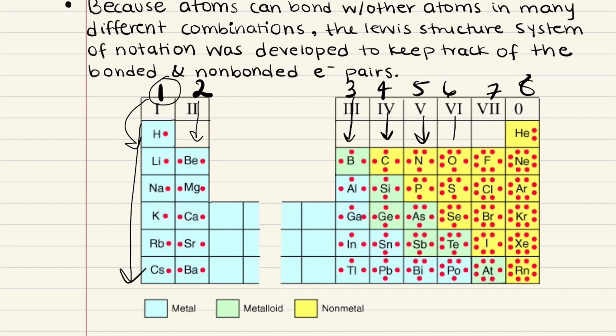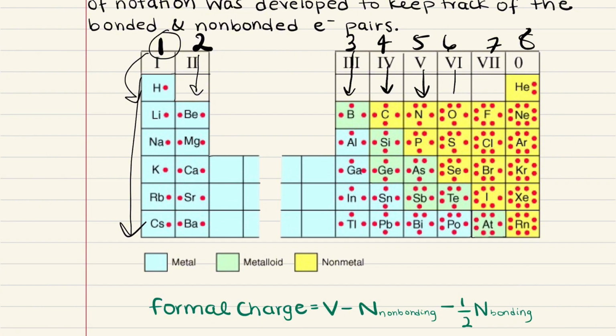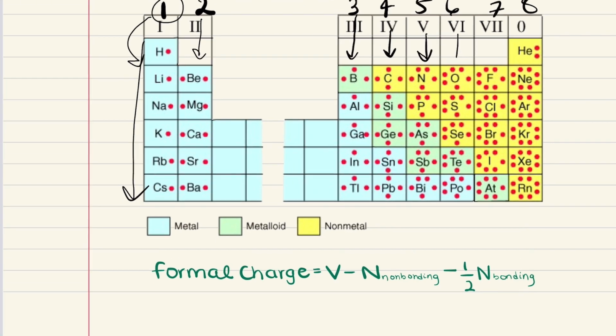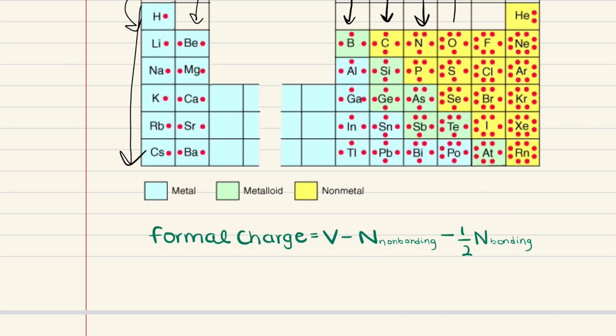Now, it's important to note that the number of valence electrons attributed to an atom in a Lewis structure may differ from the neutral atom due to bonding interactions. This difference results in a formal charge, which helps in understanding the electron distribution within the molecule. The formal charge of an atom can be calculated using this formula, and we're going to review this formula later, again, through some practice problems.